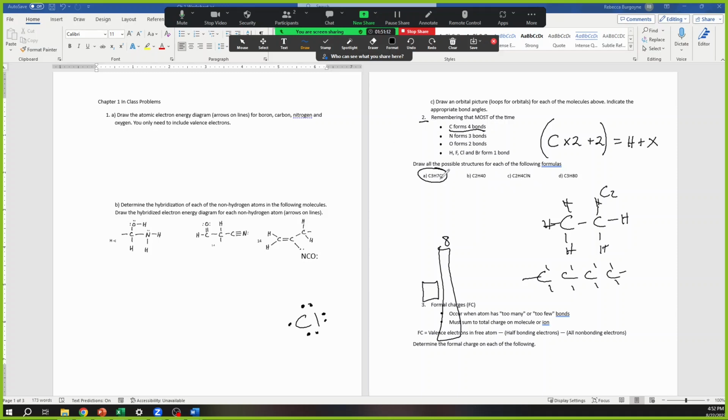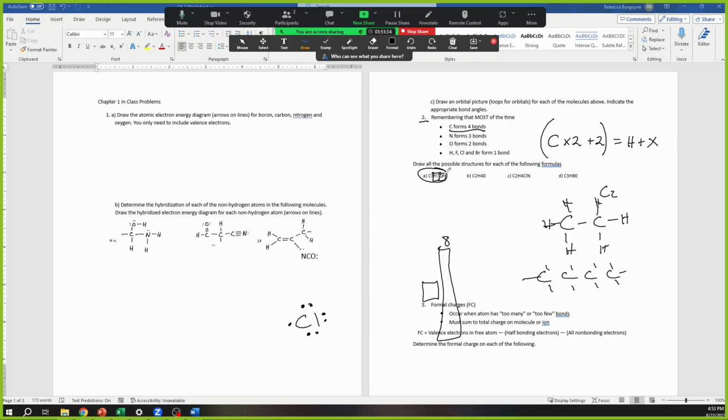With this guy here, we can see there's 3 carbons. If we multiply that by 2 and add 2, we get 8. Right? Okay. And we have here 7 hydrogens and 1 chlorine. So that equates. We're good.